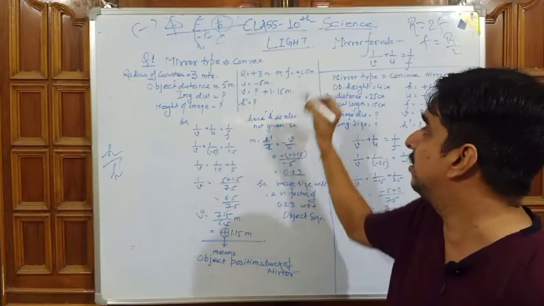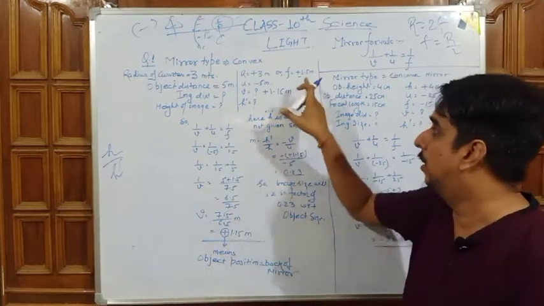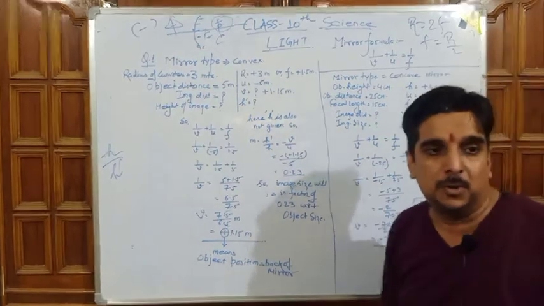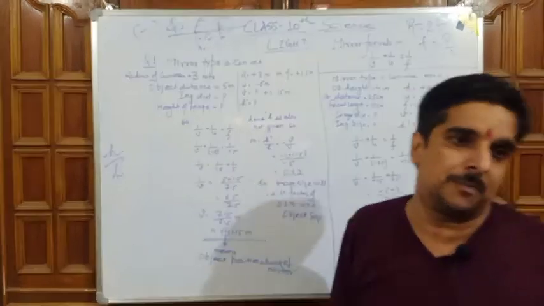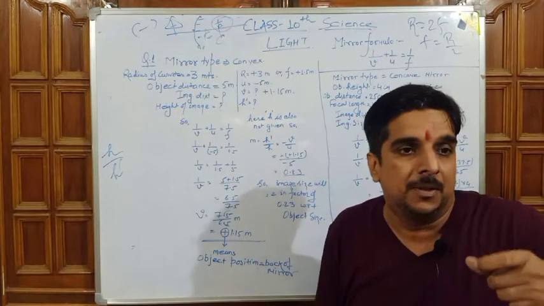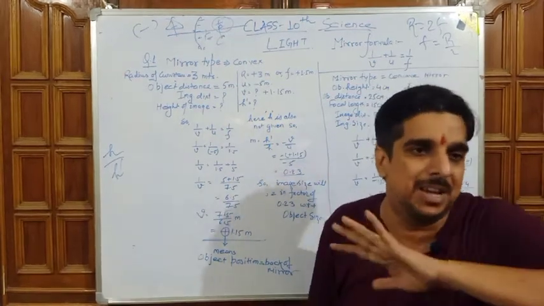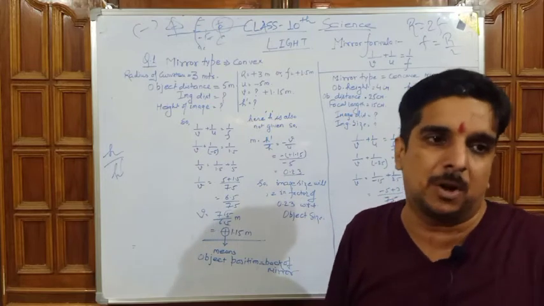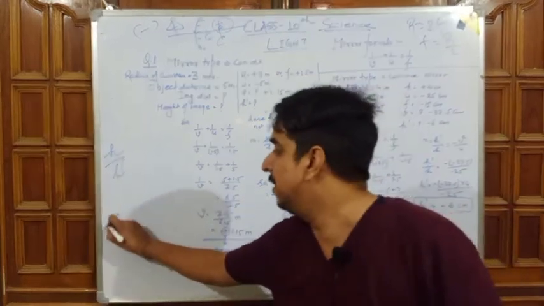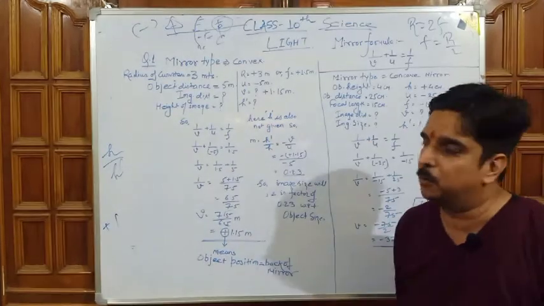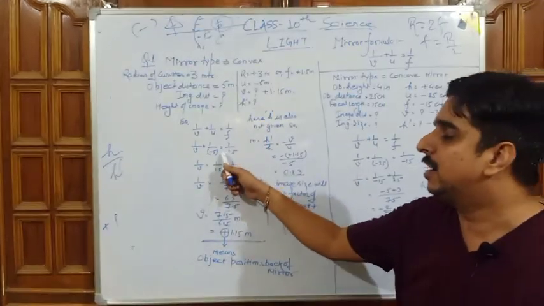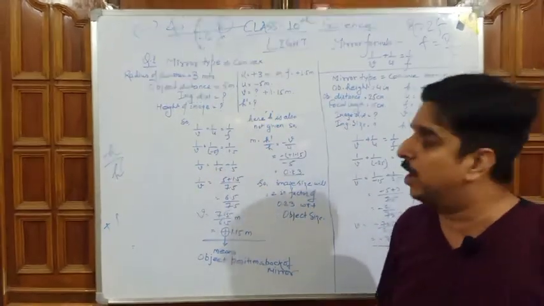F is equal to how much? Plus 1 by 1.5. So you know that if you are a good student of mathematics, then if there is a plus sign in front of any magnitude or given data, we need not mention that positive sign, because if 1 is given, it will be counted as plus 1. Okay. So we will write is equal to 1 by 1.5.